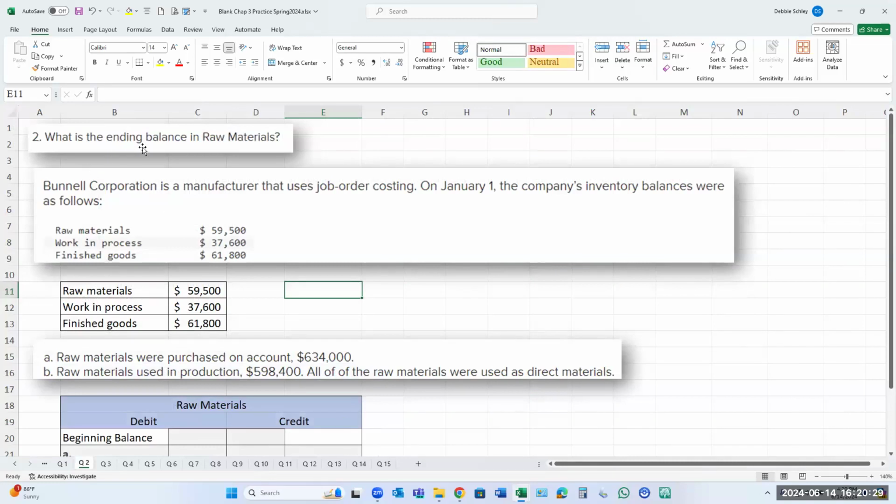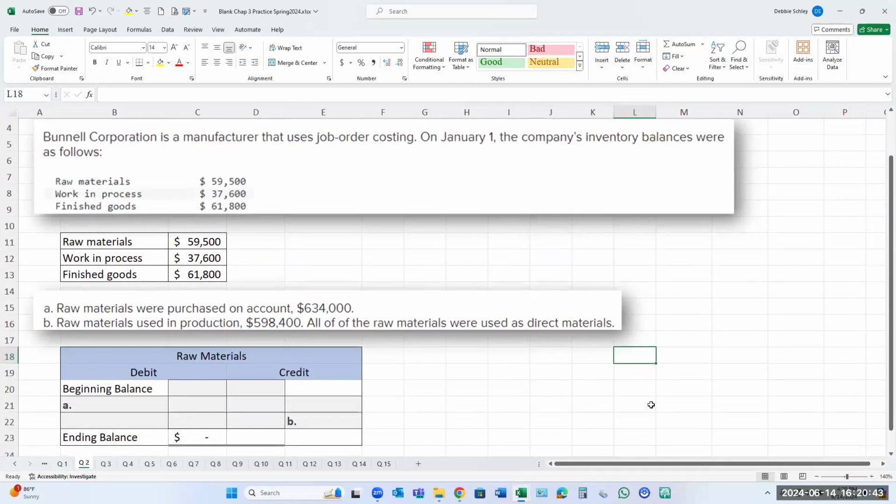Question 2, what is the ending balance in raw materials? So if you'll recall up at the top, they gave us beginning balances, so I copied mine here. And they want to know the ending balance in raw materials. So I need the beginning balance to start off with, so raw materials beginning balance.